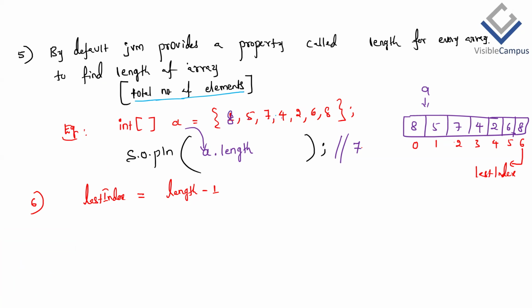Should we count based on the index numbers or based on the number of elements? Natural counting. For example, in a room, how many chairs are there? Your counting will start from 0 or from 1? From 1. In the same way, for getting the length we have to start counting from 1, but for index numbers it should start from 0. There is a difference.